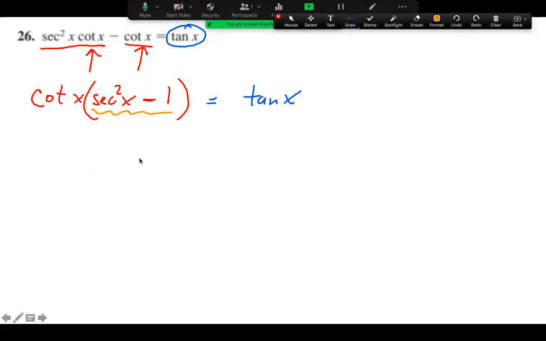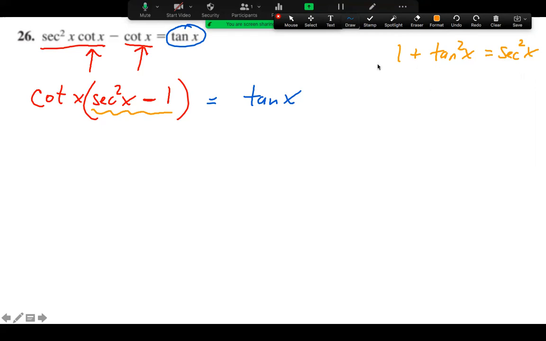If I have a function squared minus 1 or a function squared plus 1, I'm going to be very suspicious that it's a Pythagorean identity. So what Pythagorean identity involves secant squared x? That would be 1 plus tangent squared x is equal to secant squared x.